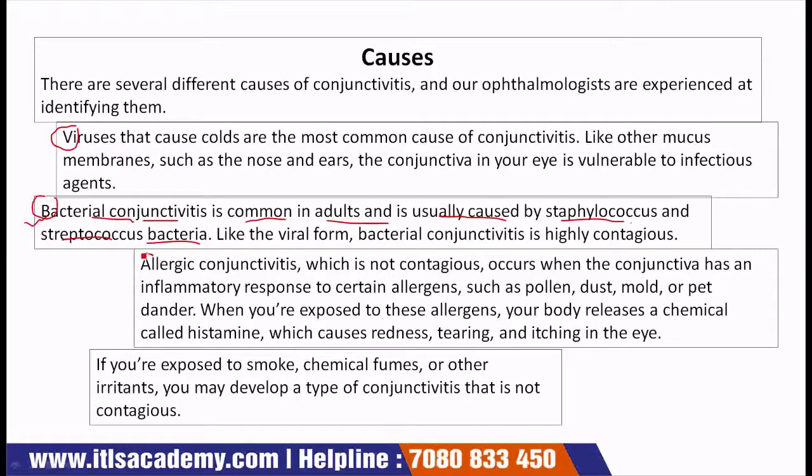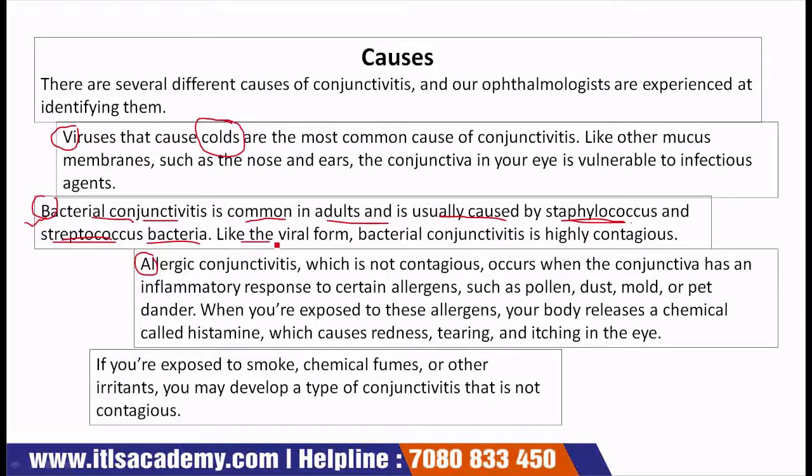We will see also allergic conjunctivitis. So, in the case of bacterial conjunctivitis, the agents are Staphylococcus and Streptococcus, while in the case of viruses, the agents were cold-causing organisms.